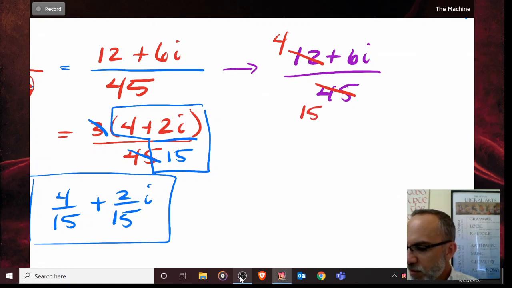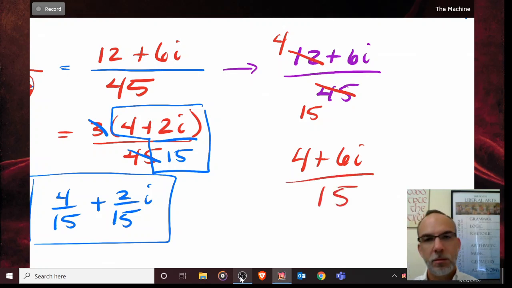So your answer is 4 plus 6i over 15. No. It's all over 45, which means you've got to factor out and cancel the same thing. My little strategy here of factoring it out of the numerator and simplifying is the better strategy. You can't cancel in pieces.